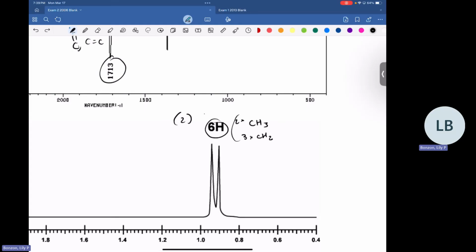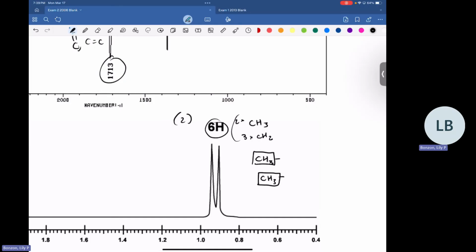I'm just going to think about it as 6 right now. Typically, I like to think of them as 2 CH3s first, because having 3 of the same CH2 groups is less likely than having 2 of the same CH3 groups. It's kind of a probability thing. So I'm just going to say we have 2 CH3s.